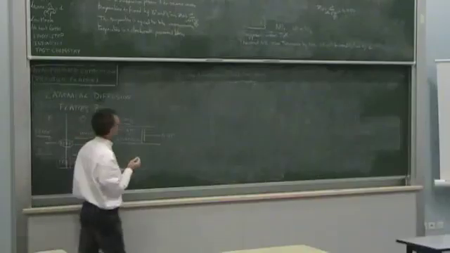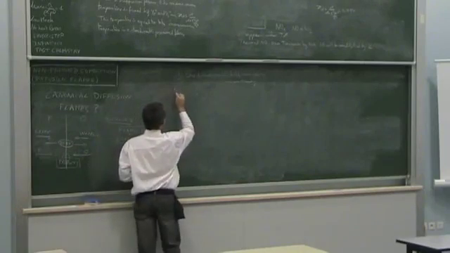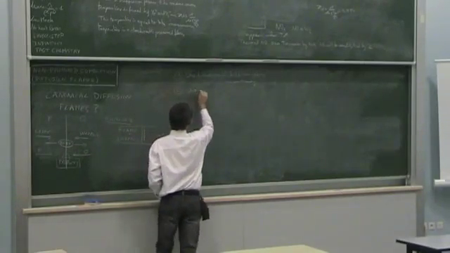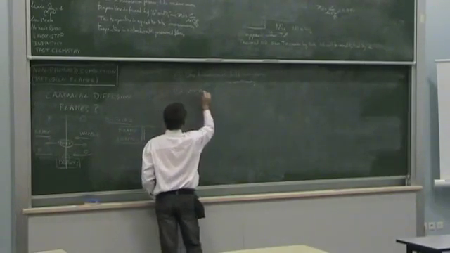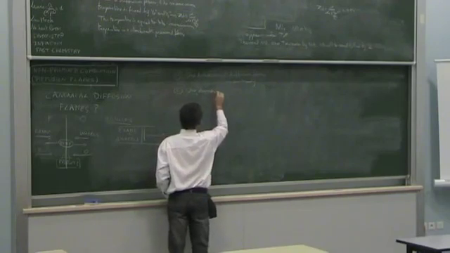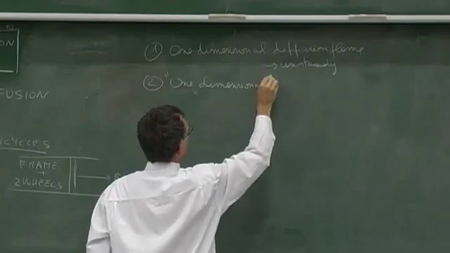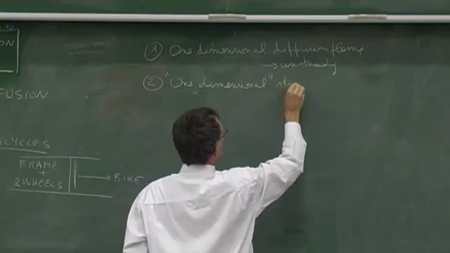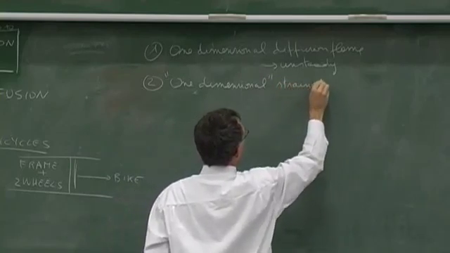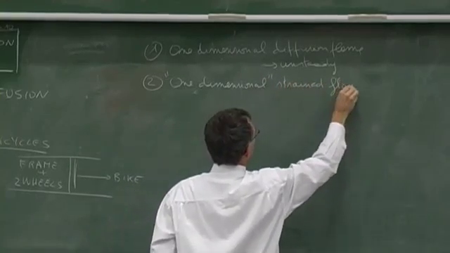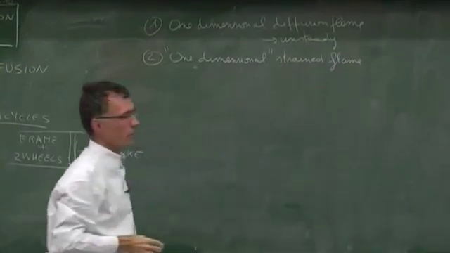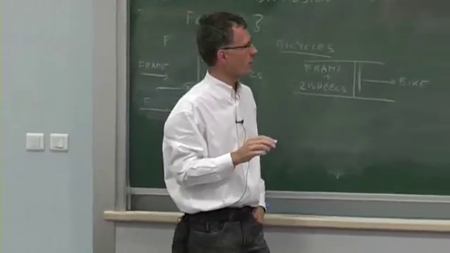So there is a second way to do that, which is also one-dimensional, but I will put that like this because it's not really one-dimensional. Strained flame. So what is strain? I haven't talked really about strain. I've talked about curvature and stretch.